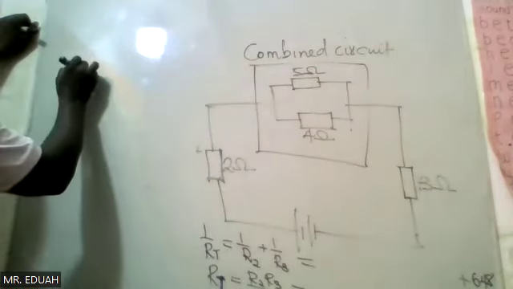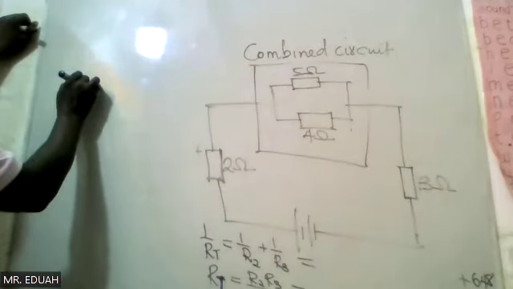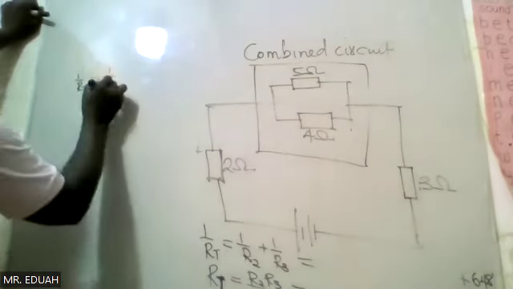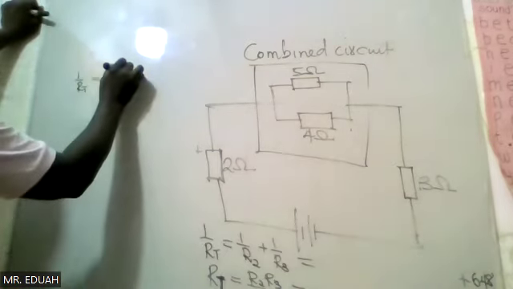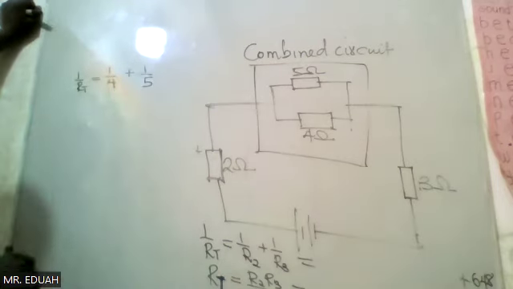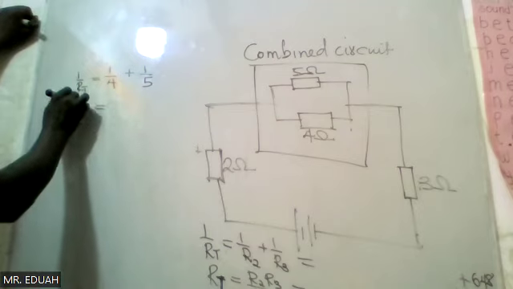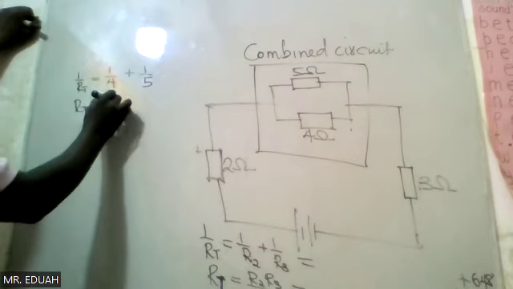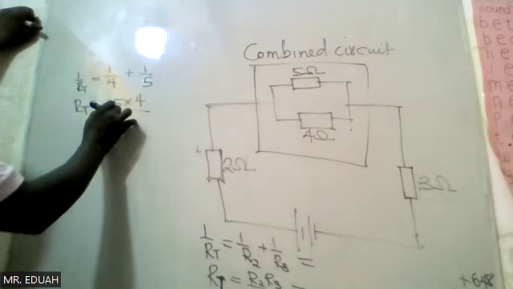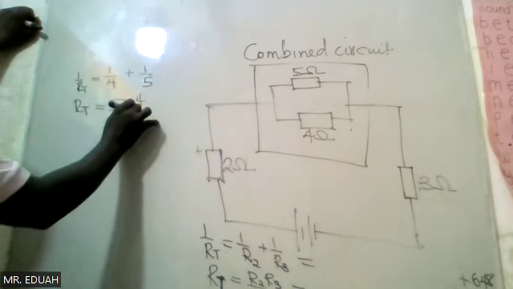When two resistors are in parallel, the total resistance is given by 1 over 4 plus 1 over 5. And RT will simply be equal to 5 times 4 over 5 plus 4.